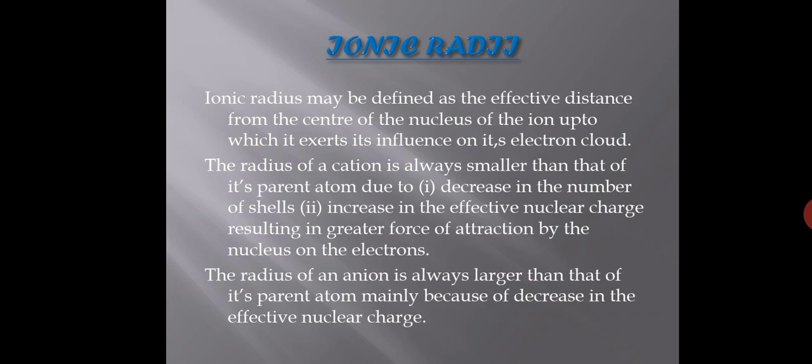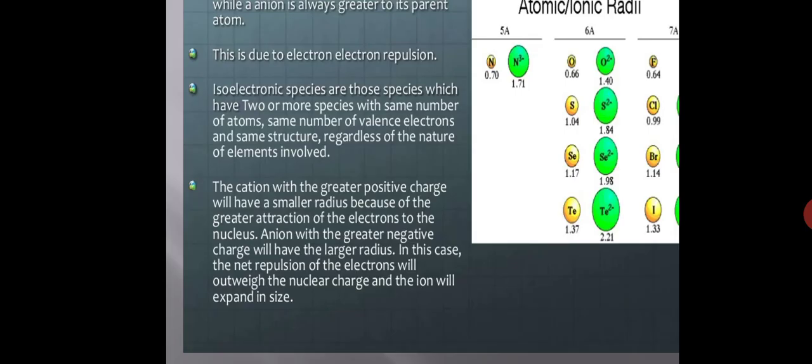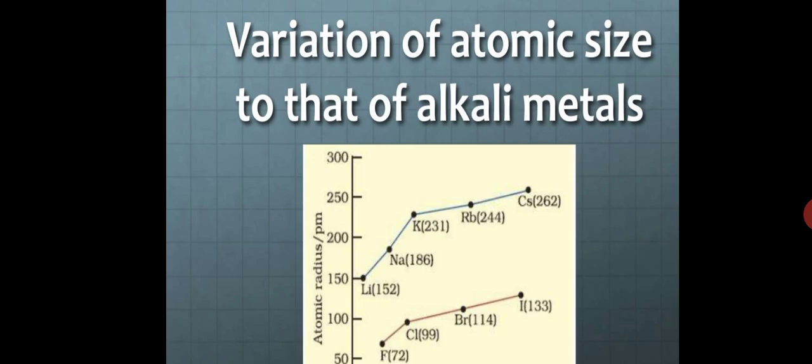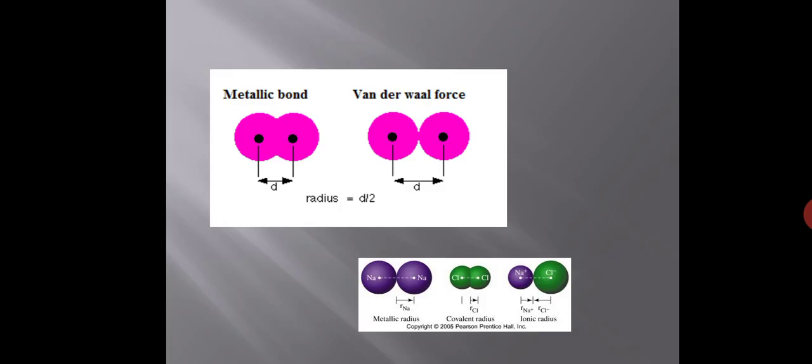Clear? About isoelectronic species, I'll talk to you later on, as there is something more I have to explain about it. So this is all about atomic radius. Thank you very much.